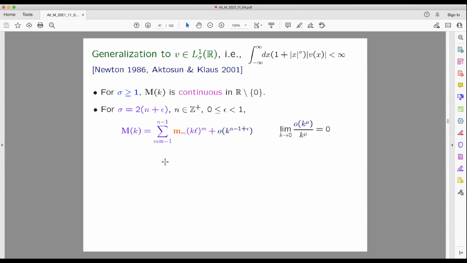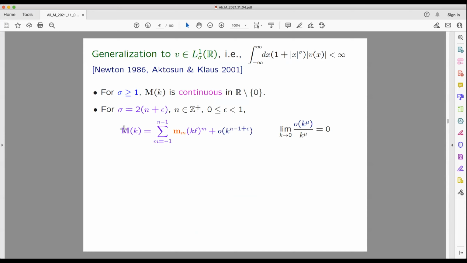This also generalizes to the class L1 sigma. Exponentially decaying potentials belong to all L1 sigmas. But if the potential belongs to one of these, those formulas don't hold. What is true is that you don't get a series expansion. You get a polynomial piece, and then you get a non-analytic piece, which decays faster.